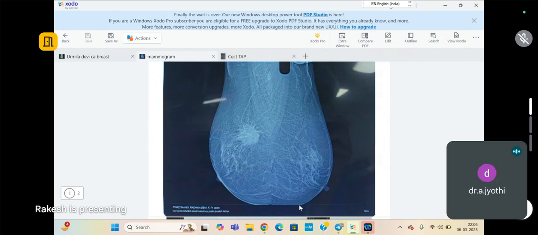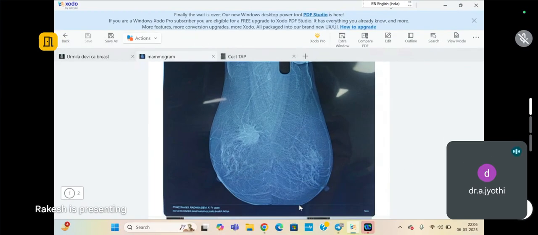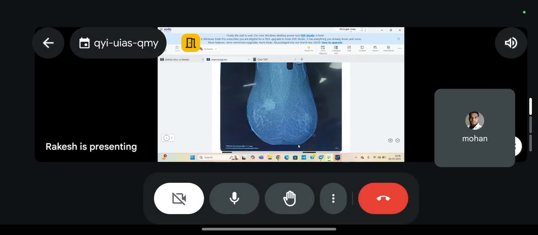High risk in the sense, what is the amount of relative risk beyond which you prefer doing MRI? 20%, lifetime risk of 20 to 30% based on the risk assessment models. So more than 20%. More than 15 is a relative indication, and less than 15 is not indicated.